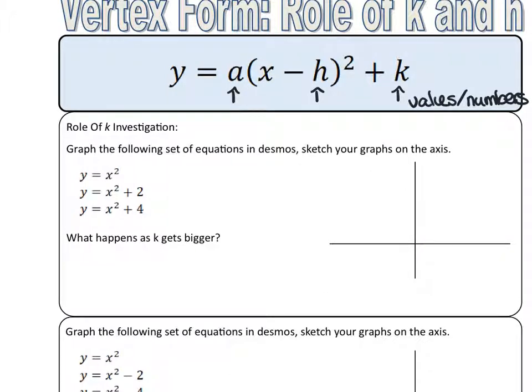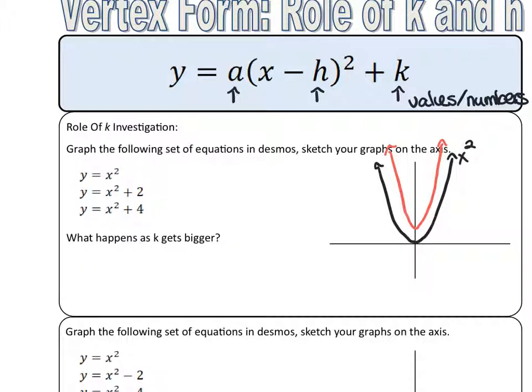So if you did this first one, you would have graphed x squared plus 2, and x squared plus 4. When you did that, you would have noticed that x squared gave you something like this. So that's x squared. Your x squared plus 2 looked like this.